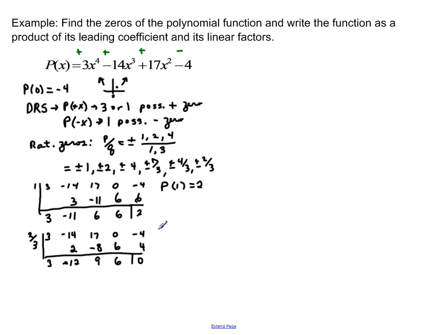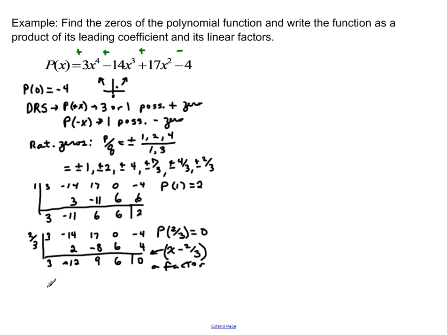We know that P of 2/3 is equal to 0. And the other thing that we've just found is that x minus 2/3 would be a factor. But now let's check something out.